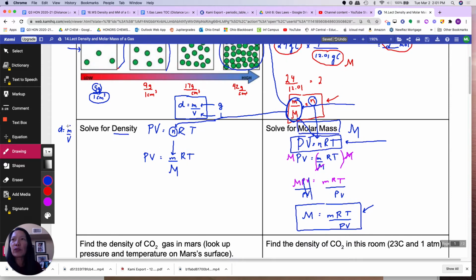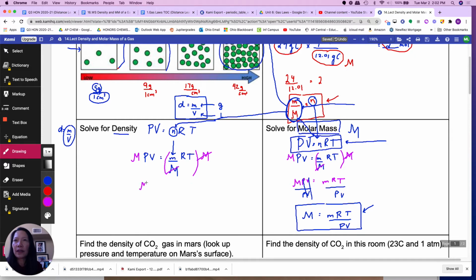You just have to isolate m over V to one side. Do whatever you can algebraically. Okay, so remember, I just want to get the m on one side and the V. So what I will do, the easiest for me, is to multiply both sides by M. And that will get rid of the M here.